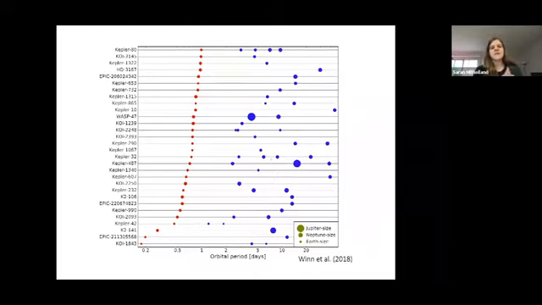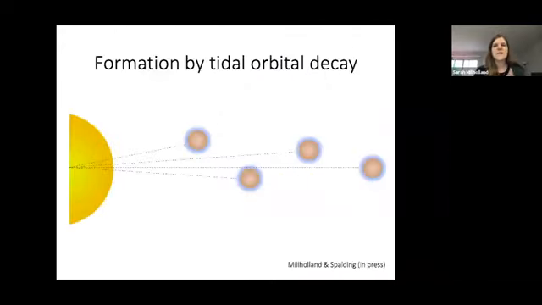And so this is a suggestion that these planets could have started at the inner edges of such a system with a more typical separation with respect to their neighbor, before then moving inwards. So these observational properties, specifically regarding that larger separation with respect to their nearest neighbors, point towards a formation channel via orbital decay driven by tidal dissipation.